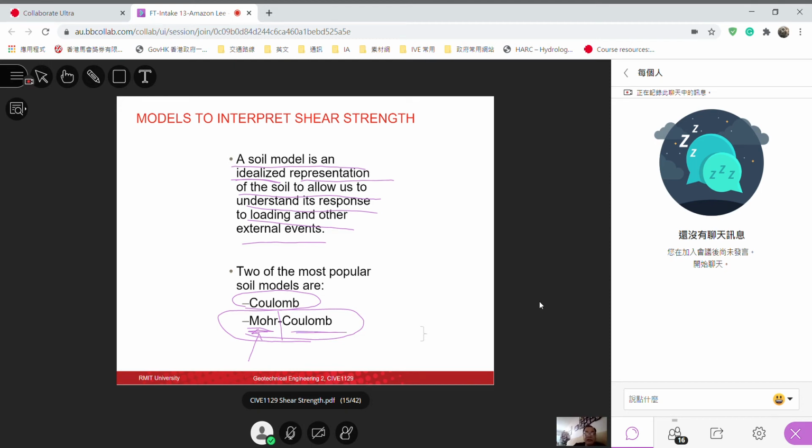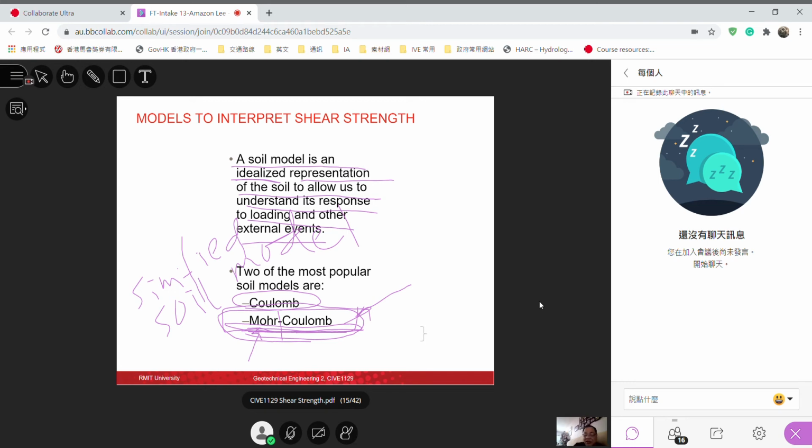Combining the work of these two famous researchers, people developed the so-called Mohr-Coulomb failure criteria. It is the most common soil model. I have to say that it is a simplified soil model.